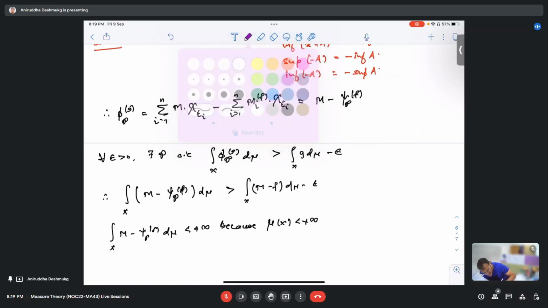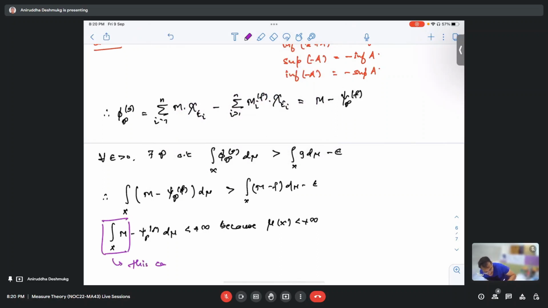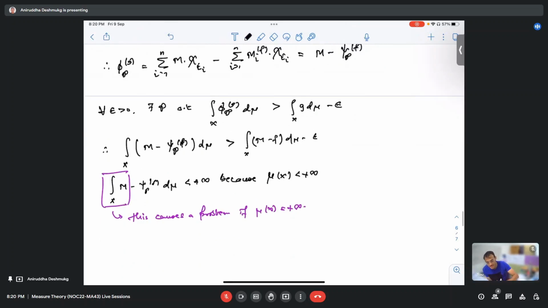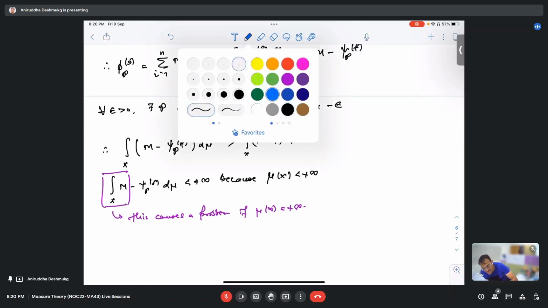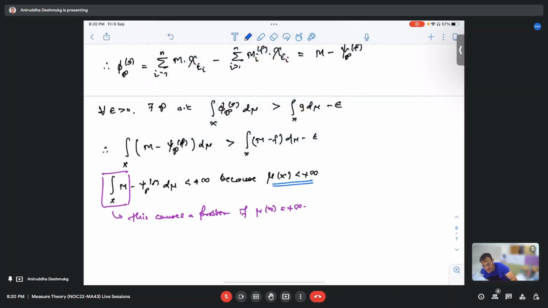Otherwise, this integral of m will cause a problem. So therefore, we require this other assumption that the measure of x is finite, and that is why I wrote it in the very beginning.